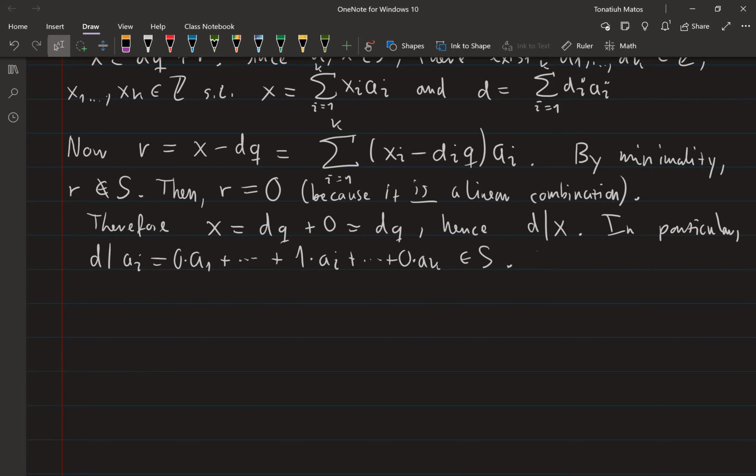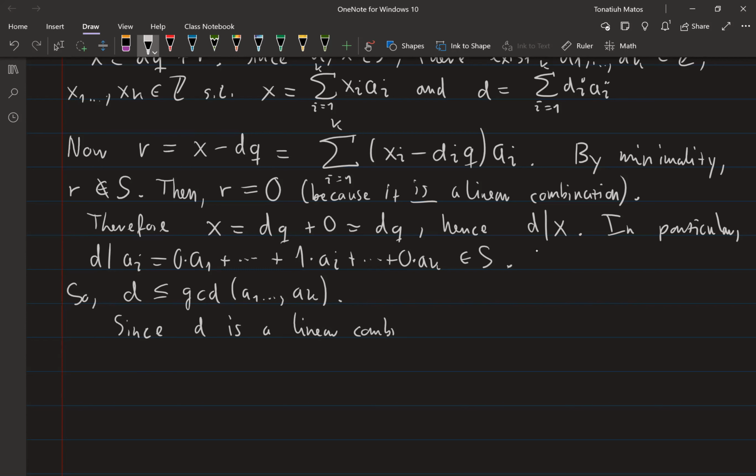How do you think we're going to achieve that? D is smaller or equal than the greatest common divisor, right? Because it is a common divisor, so it cannot be bigger than the greatest common divisor. Since D is a linear combination of the ai's, right?